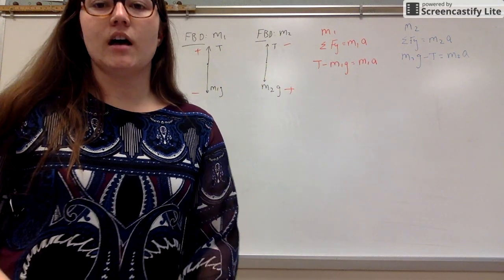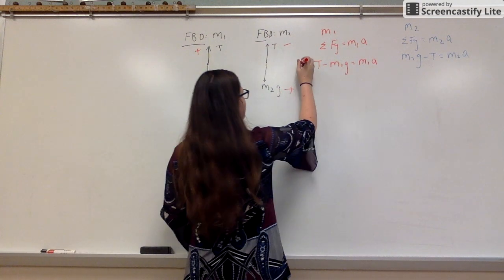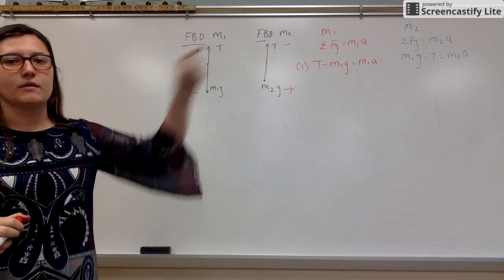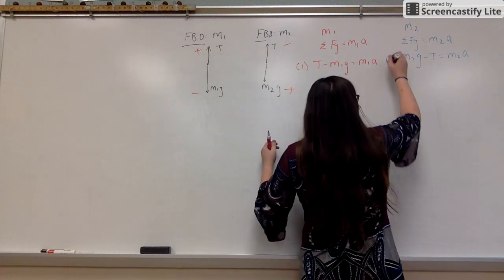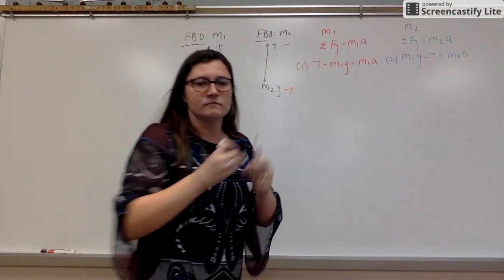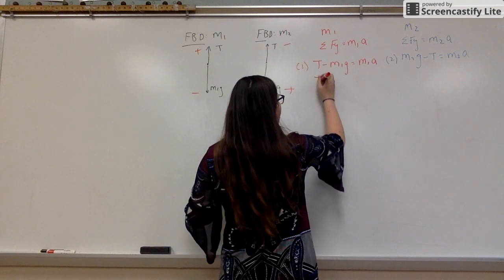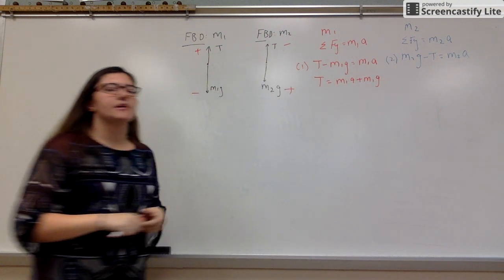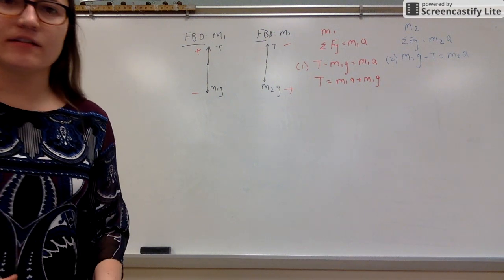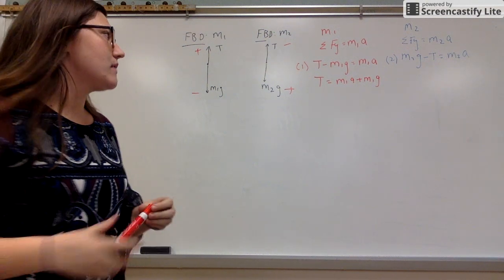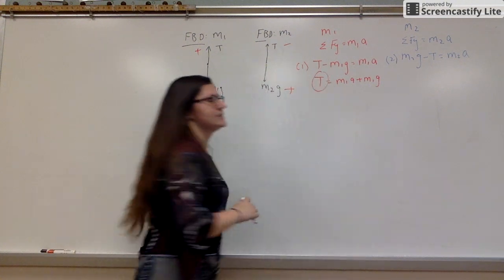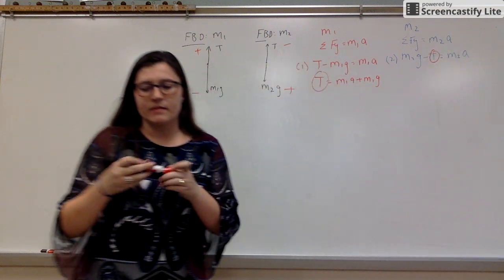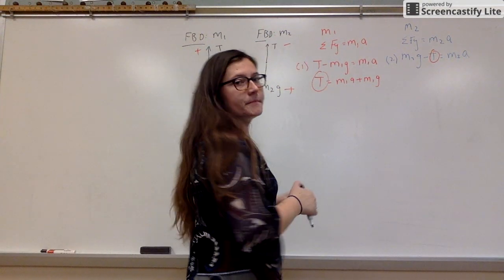What I'm going to do up here is solve equation 1 for T, for tension, and then plug it into equation 2. I added that other value to the other side of the equal sign to get T by itself. I'm now going to plug the tension into equation 2.